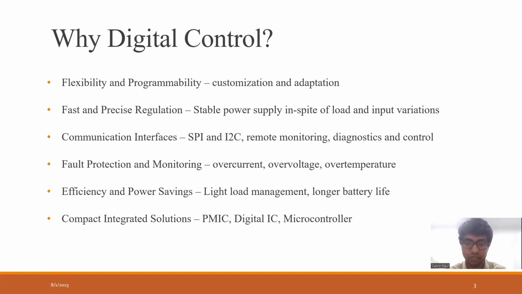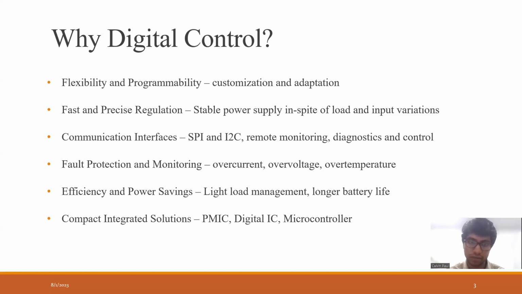Then communication interfaces. Using SPI, serial peripheral interface, and I2C, these communication protocols are there. We can use them for communicating data from our converter to some main control unit, etc. These will enable us to have real-time monitoring of what is actually going on, whether there is any fault, whether the controller is working, etc. All of this we can communicate using communication interfaces.